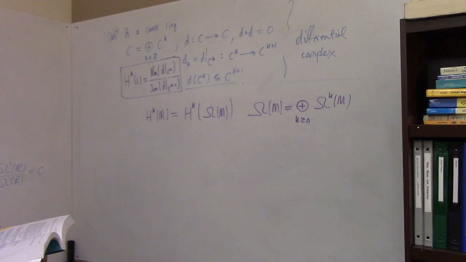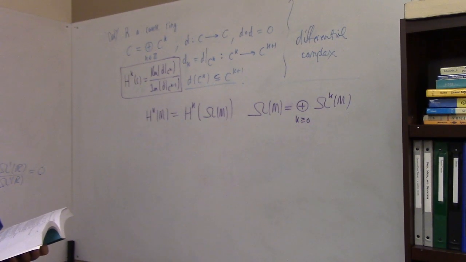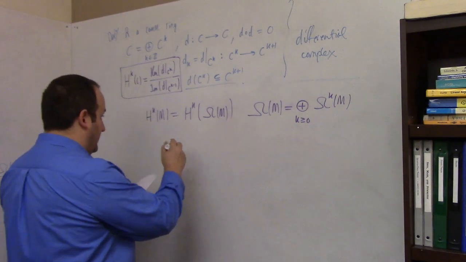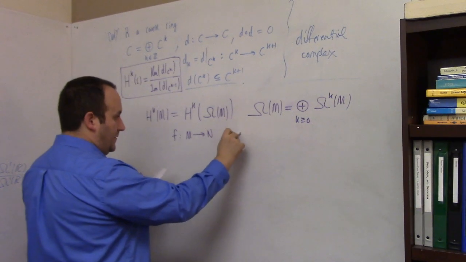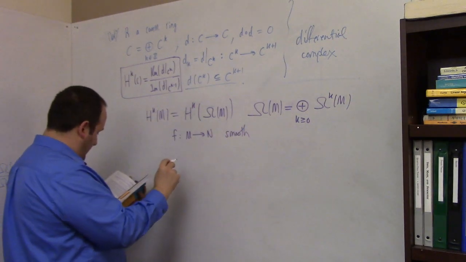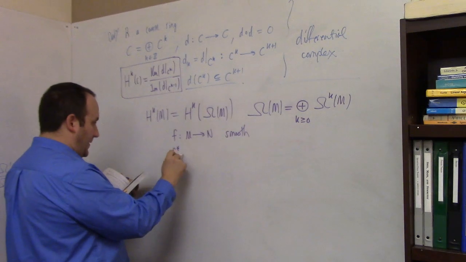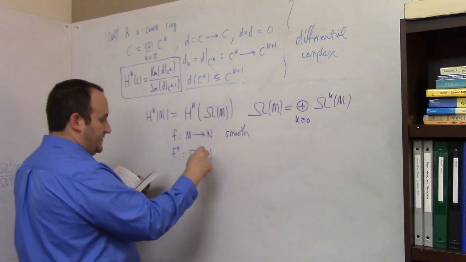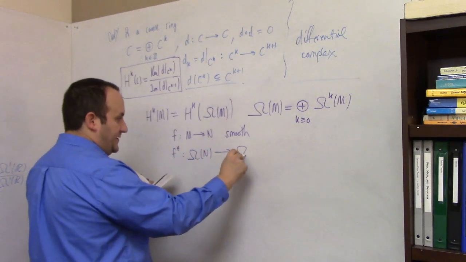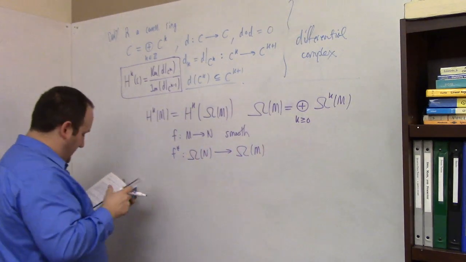Now he wants to talk about pullback a little bit. If we have a smooth map F from M to N, then we have F star, a natural map from the exterior algebra on N to the exterior algebra on M, right?